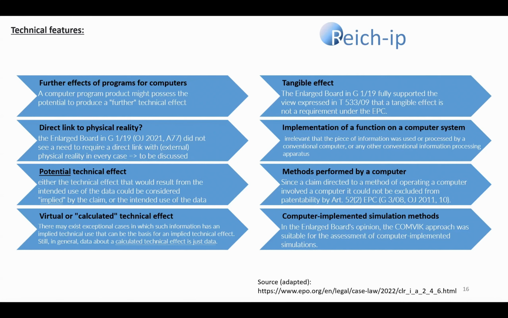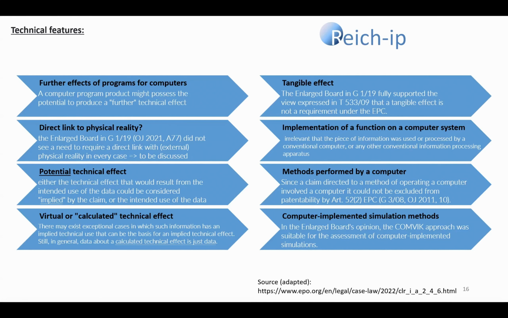And also, they ruled that a potential technical effect might be enough to reach a grant in case the technical consideration or the technical contribution is implied by the claim. So typically, this is if you have a technical effect hidden in the claim. You don't have to name the technical features directly if they are implied.